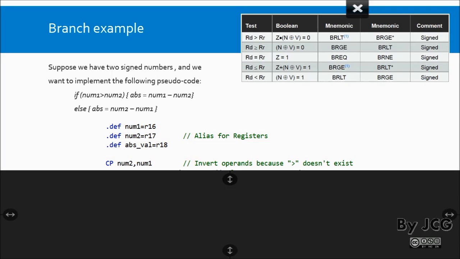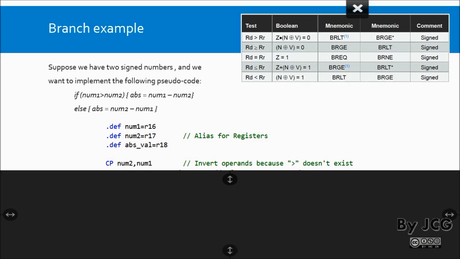So first we make the comparison. Remember that we have a note that says use branch if lower than, however, interchange the operands. Take a close look, this is important. The pseudocode says if number 1 is greater than number 2. However, if you see the code, we're inverting the operation.